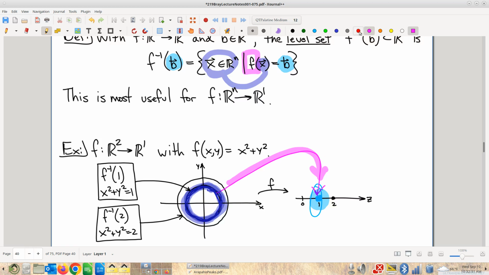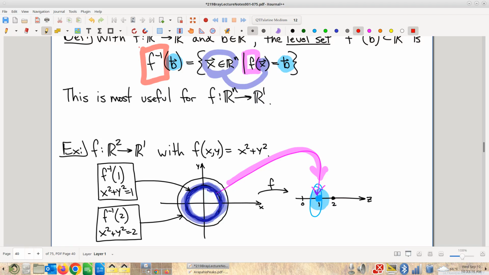Reasonable question: how come we call this f inverse? Hey, wait a minute, is that function even invertible? Can we talk about f inverse if we haven't even established that f is invertible? By the way, this function here is not invertible. You should be a little uncomfortable with the idea that I'm calling this f inverse. It's just a notation. It does not mean the inverse function in this case.